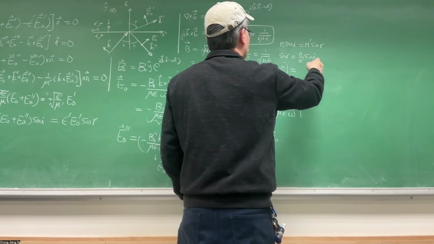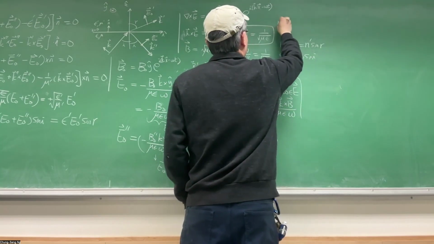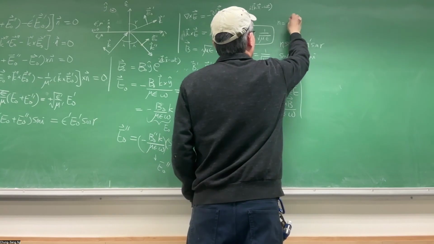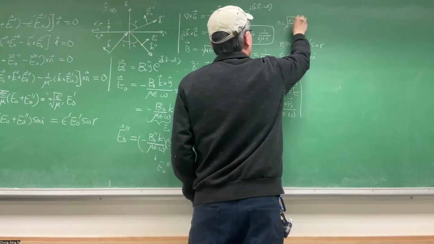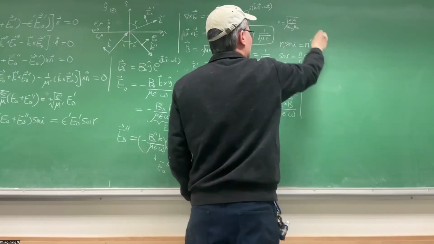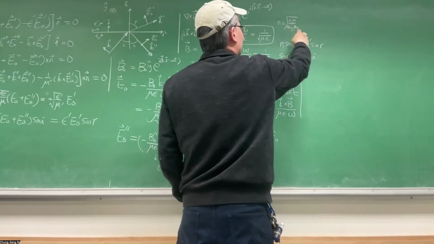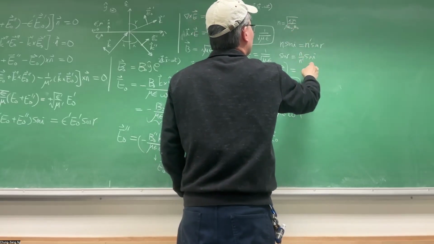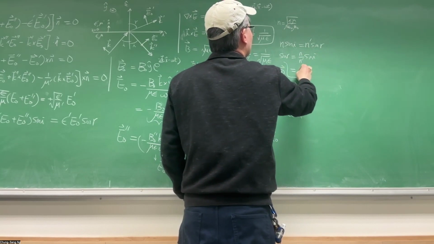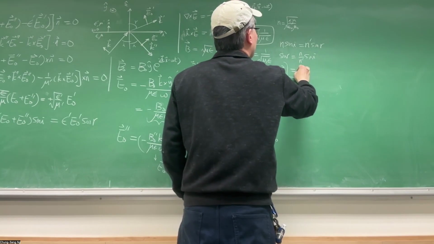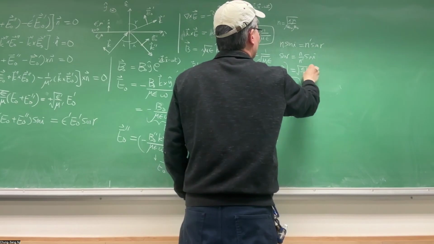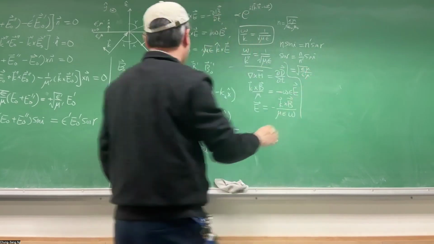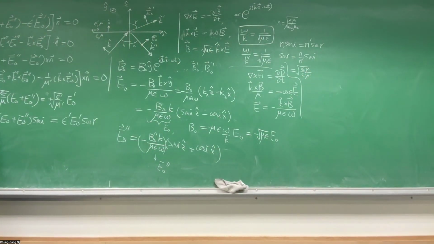So n is the square root of epsilon mu divided by epsilon 0 mu 0.